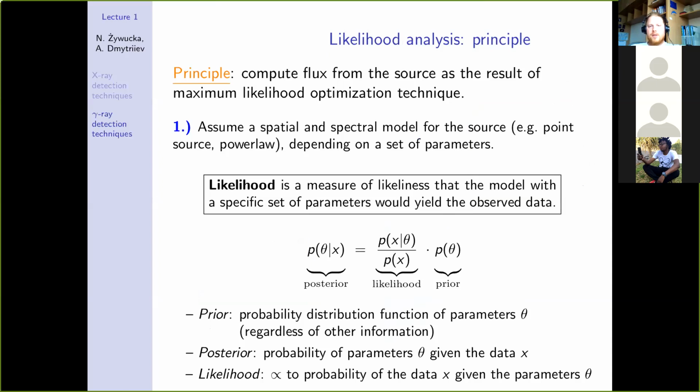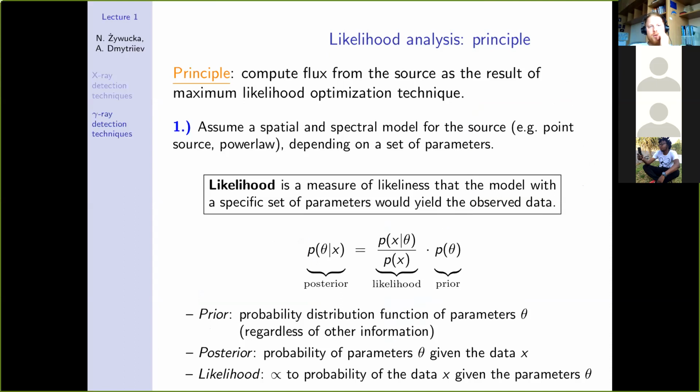You reconstruct the flux from the source using the maximum likelihood optimization technique. We deduce the flux which would yield the highest probability of the data that we measure. I will explain it now.